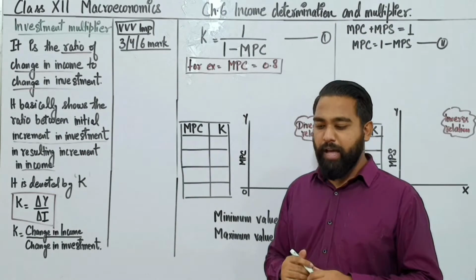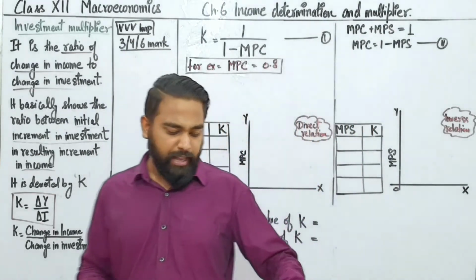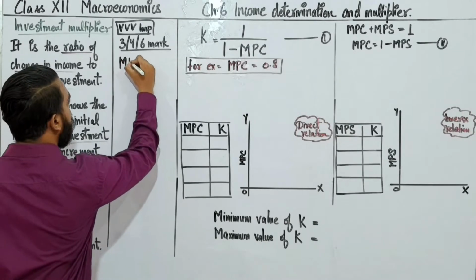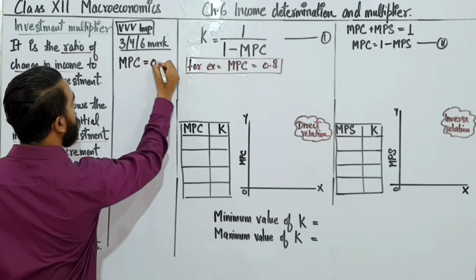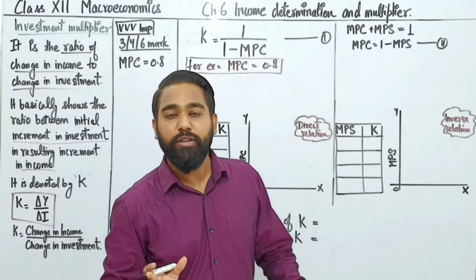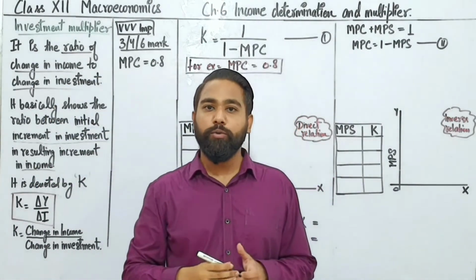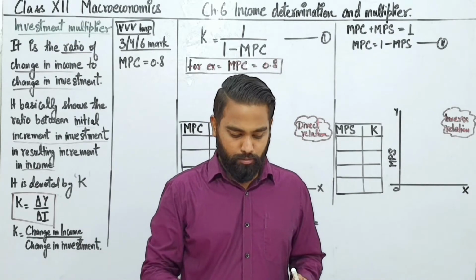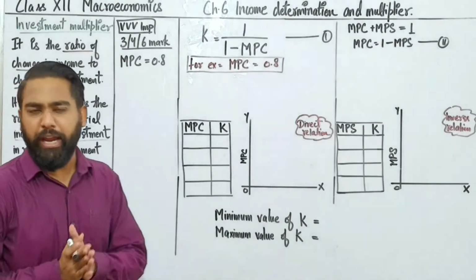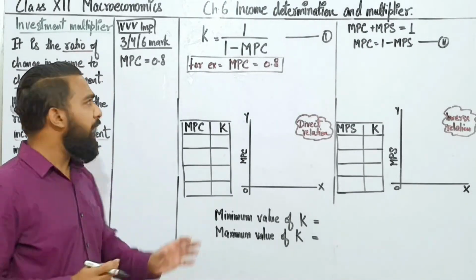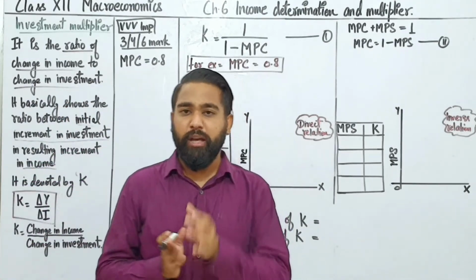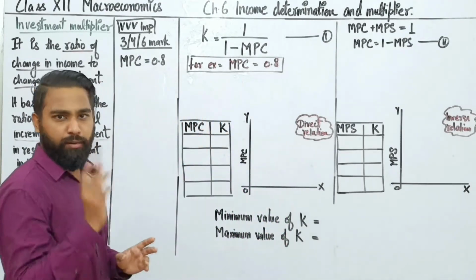What is investment multiplier? Now, if I tell you that the value of MPC is 0.8. MPC means marginal propensity to consume. You already know that the maximum value of MPC can be 1.